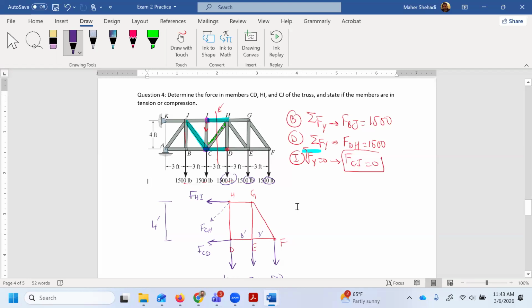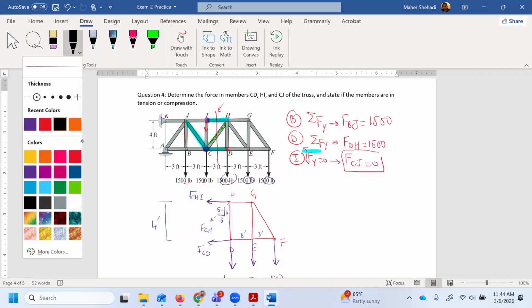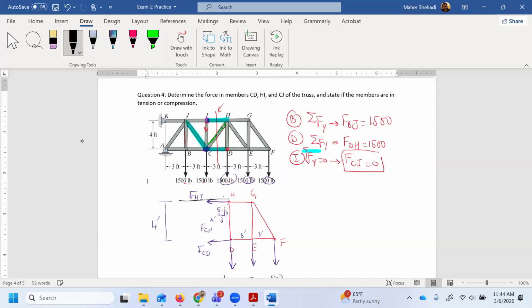Before we start solving that, I need to know the slope for CH because I'm going to need to decompose this one. Again, if we didn't need CJ, probably I wouldn't need to solve for CH if it was something else. So the slope for that, the Y is 4 and the X is 3. So 3, 4, and 5. Therefore, I'm going to have a force here that goes in this direction.